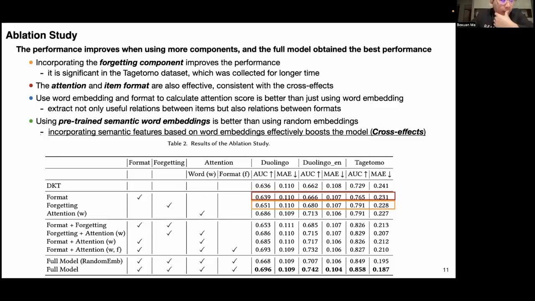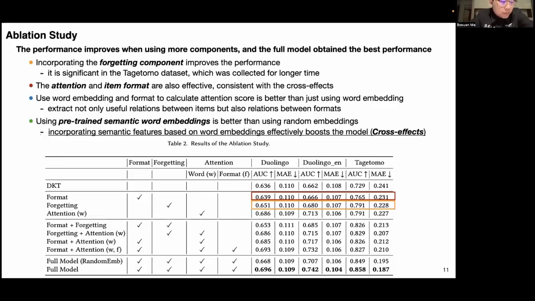And the full model obtained the best performance, and the results revealed that incorporating the forgetting components improves performance, especially in the TargetWord dataset, which was collected over 6 weeks.